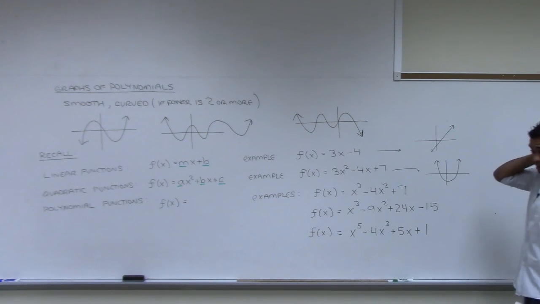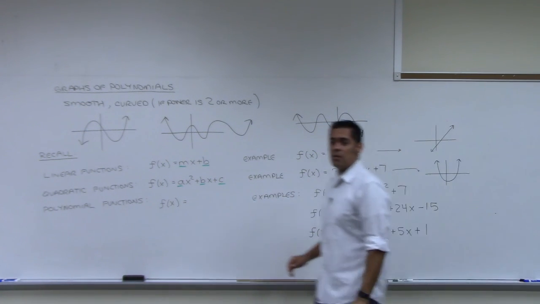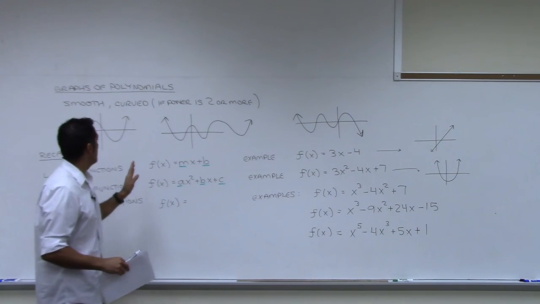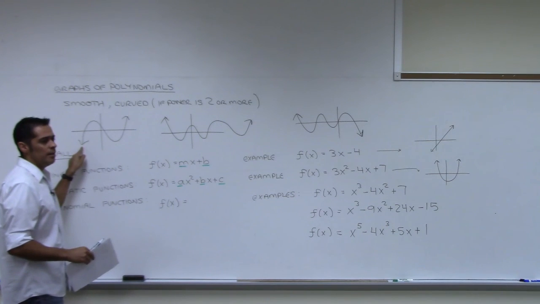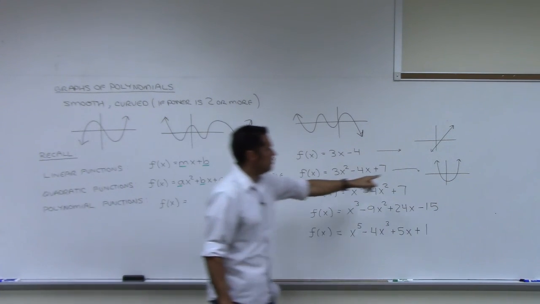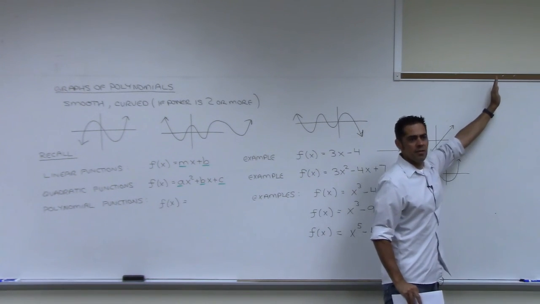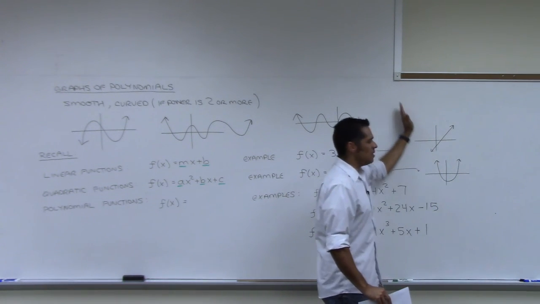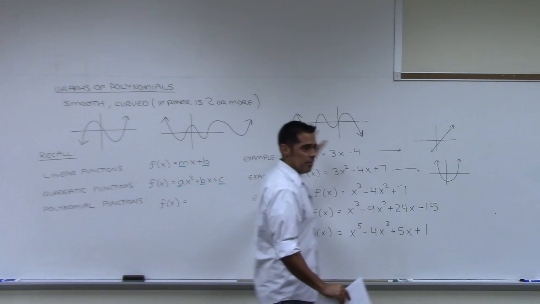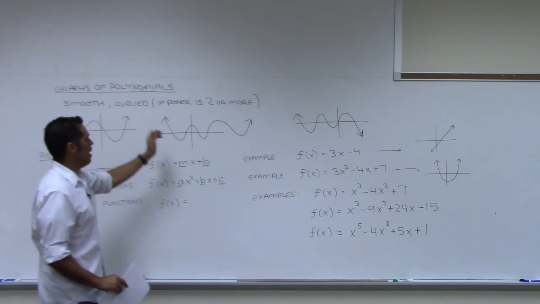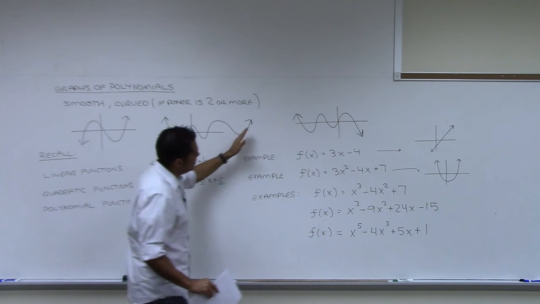The arrows at the end are actually kind of important. The arrows tell you the behavior of the graph if you were to continue drawing that function in that direction. So this arrow down here is kind of like the arrow we put on the parabola, where the implication was that it kept on going up and to the right. This one would be up and to the left, right? Same thing with these arrows here. This arrow means it's going to go down and to the left, up and to the right, up and to the left, up and to the right.